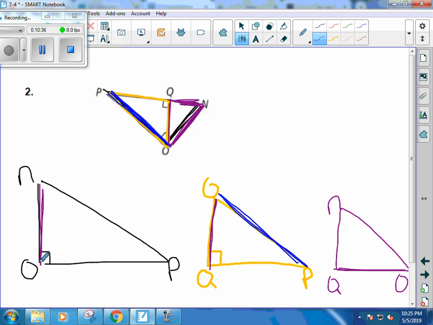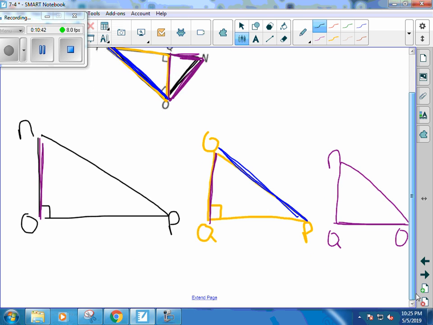Okay, so I just need to do a similarity statement. I'm going to name this out. The first triangle we can name any way we want. So let's do P N O. Just so you know, you don't always have to go the same way. I went through my hypotenuse, down the short leg.